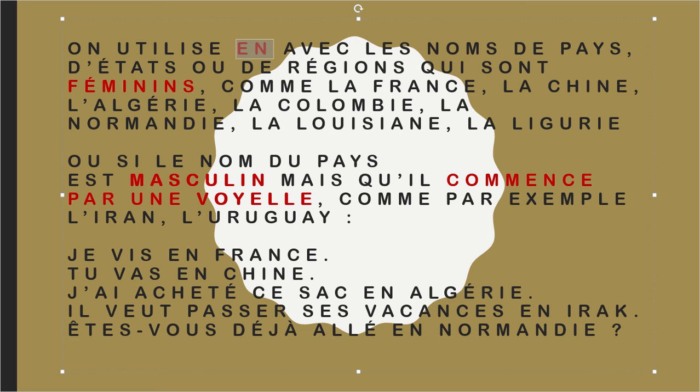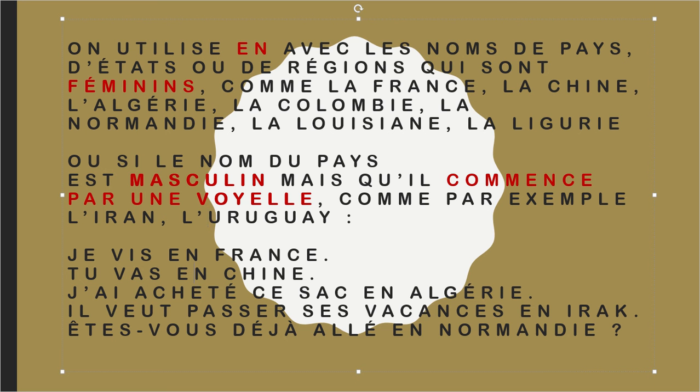So these are places which are masculine but start with a vowel. So it is just for aesthetic reasons. The language evolved in that way. There are no firm rules. This is a language; there are exceptions. So we normally use en for places which are feminine, but we also use it for masculine if the name starts with a vowel. Okay.